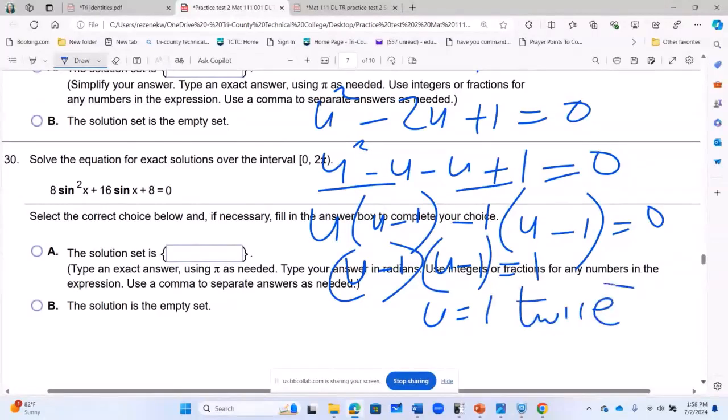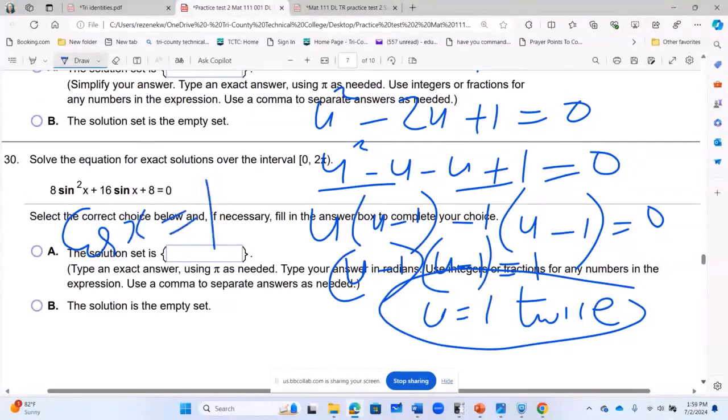All right, but remember that there is no u in my question. I said at the beginning that cosine x is equal to u. So when u is equal to 1, cosine x is equal to 1. I'm told to use one cycle, one revolution.